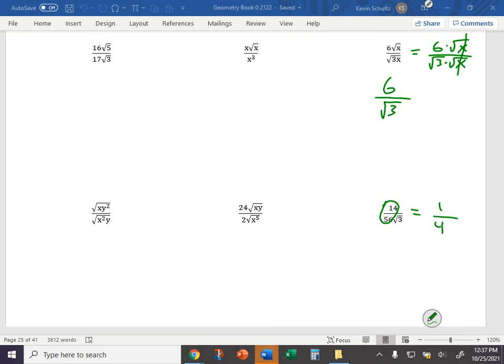So 1 over 4 root 3. 14 over 56 ultimately simplifies to be 1/4. And then we have our root 3 there that we can rationalize from there. Okay?